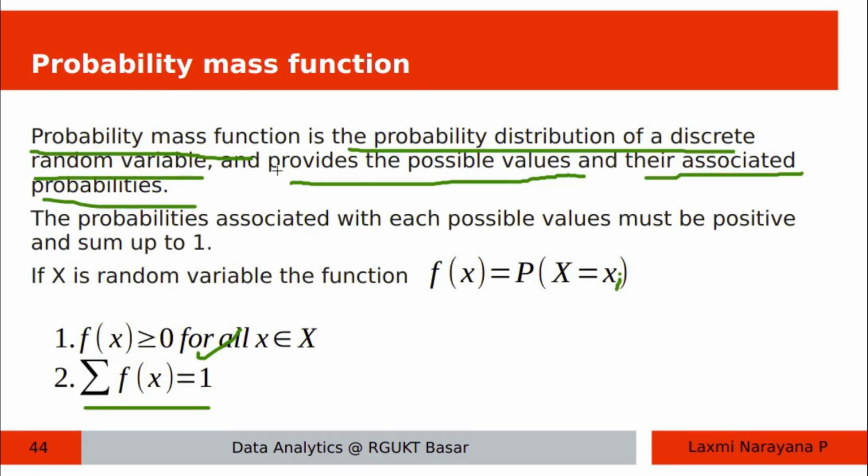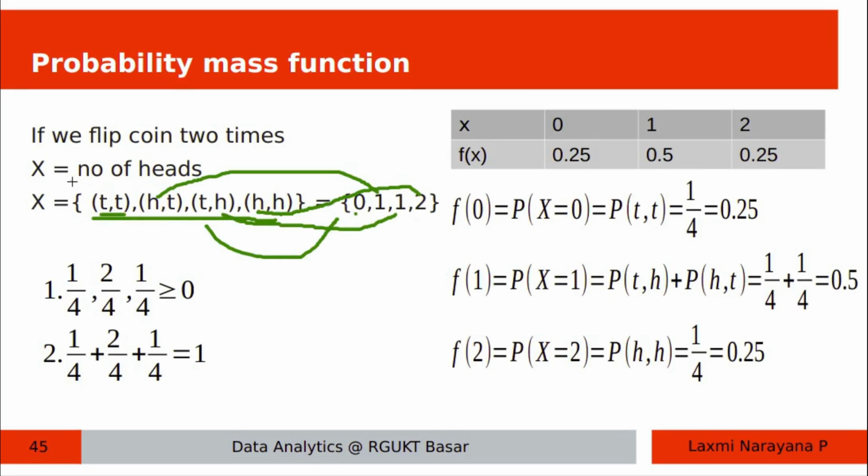Let's see the probability mass function definition. It is the probability distribution of a discrete random variable; it provides the possible values and their associated probabilities. What are the possible values for this discrete random variable? Either 0 heads, 1 head, or 2 heads. These are the possible values for the discrete random variable, and their associated probabilities.